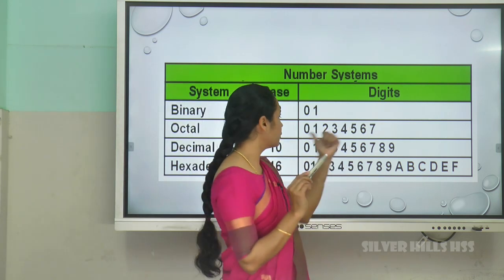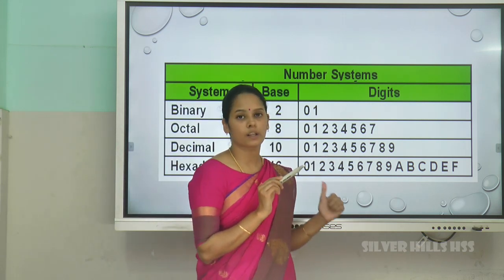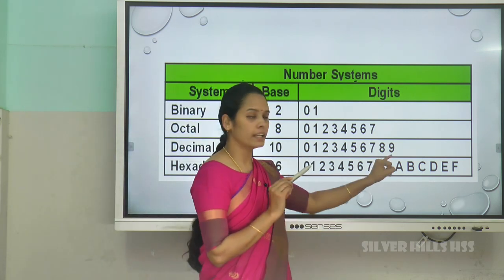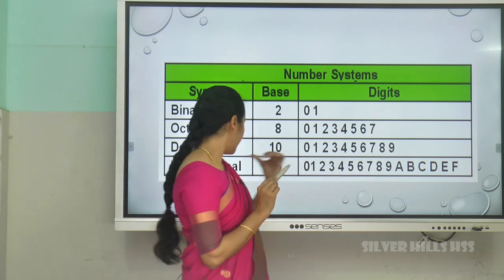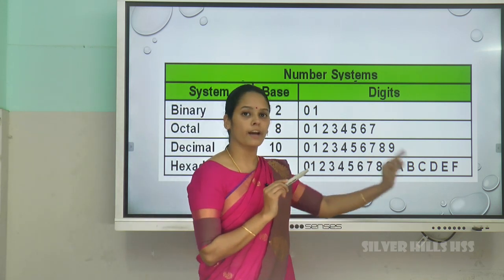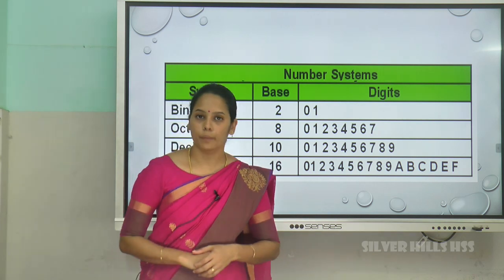In octal we use 8 symbols, 0 to 7. In decimal we use the symbols 0 to 9, and in hexadecimal we use the symbols 0 to 9 plus A to F. So these are our number systems.